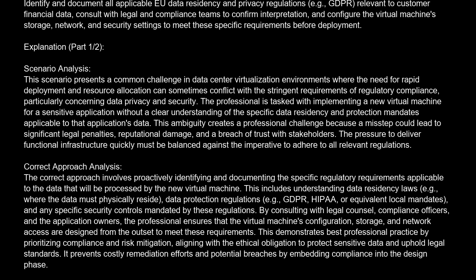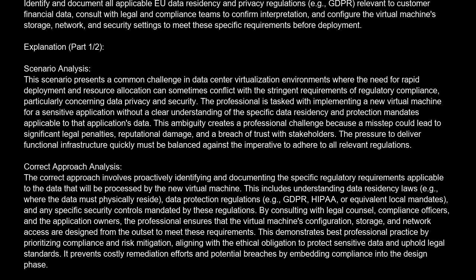Scenario analysis. This scenario presents a common challenge in data center virtualization environments, where the need for rapid deployment and resource allocation can sometimes conflict with the stringent requirements of regulatory compliance, particularly concerning data privacy and security. The professional is tasked with implementing a new virtual machine for a sensitive application without a clear understanding of the specific data residency and protection mandates applicable to that application's data.